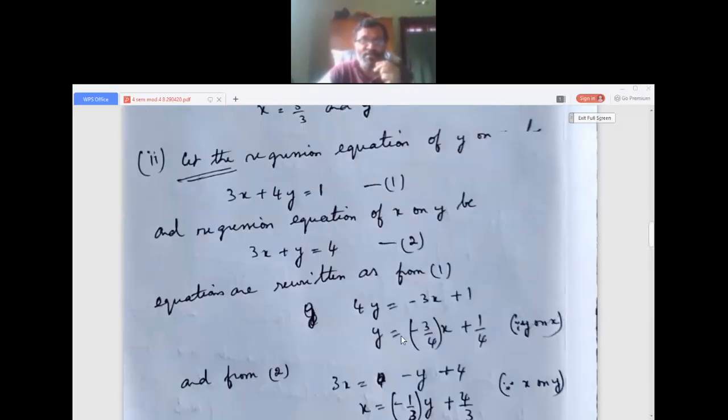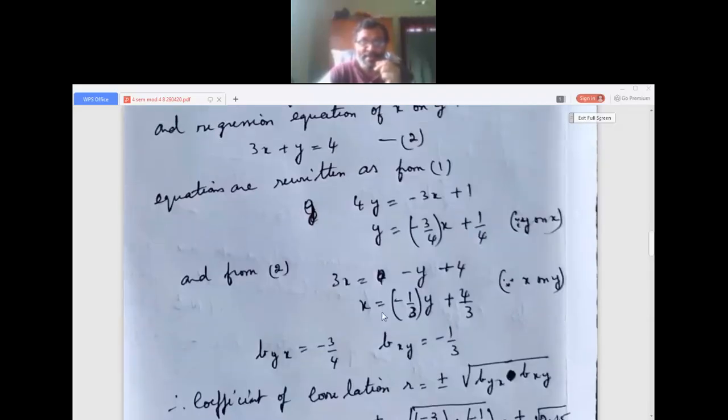And the second equation is x on y, so I write it as x equals minus 1 by 3y plus 4 by 3, because it is x on y. Now this part, because it is the regression equation y on x, equation 1, will be byx. Because this is the regression equation x on y, this will be bxy.